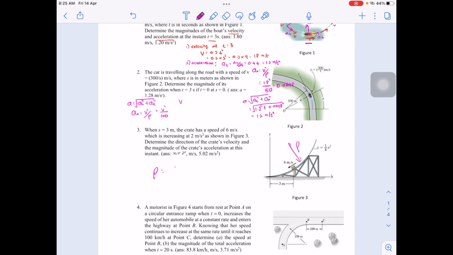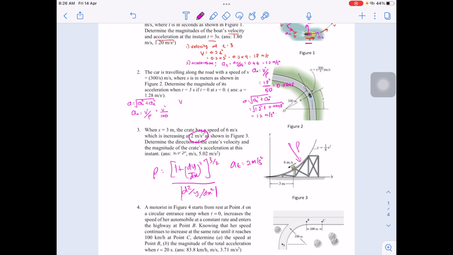Okay, ini rho is equals to 1 plus dy over dx squared, to the power 3 over 2, over d squared y over dx squared. Okay, so this, dia cari rho sajalah. Okay, and then your at is given this one, 2 meter per second squared.